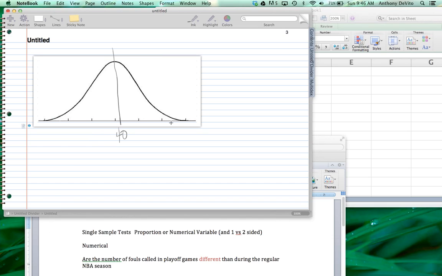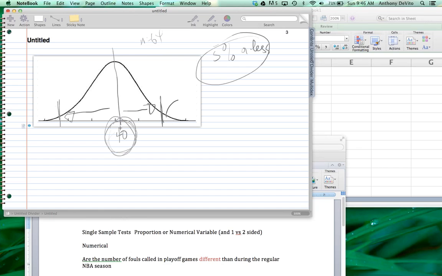So now we need to prove that the number of fouls during the playoff games is so different from the regular season, and this is a sampling distribution of size 64 by the way, that we are so far away, either above or below the mean, that the odds of getting that result are only 5% or less. That's how rare it would be to get a result so different from 40.